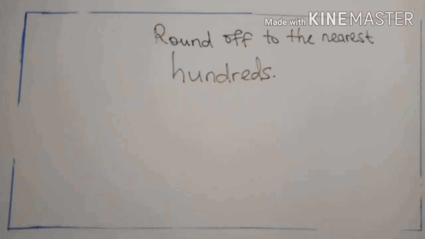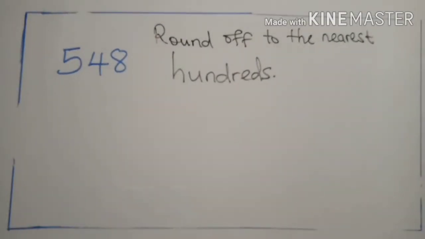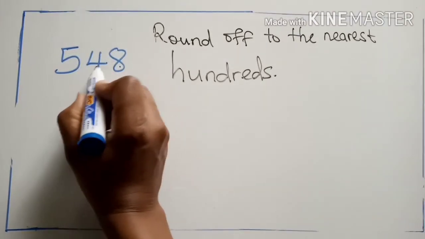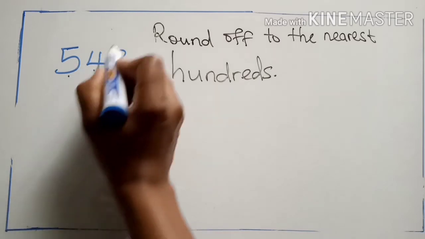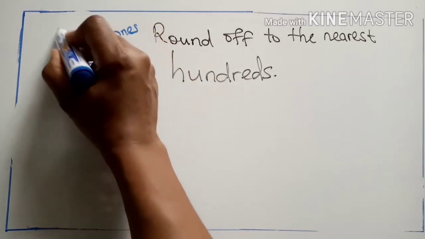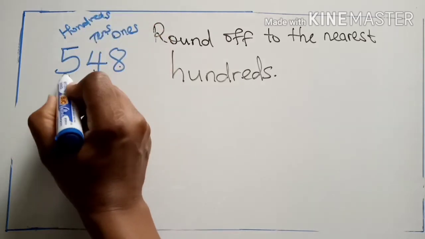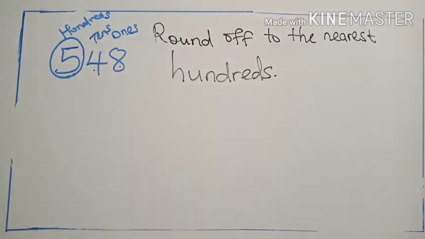Okay, now we want to round off to the nearest hundreds. So we have our number 548. We want to round it off to the nearest hundreds. These are ones, tens. These are hundreds. So this is the number that we are interested in.